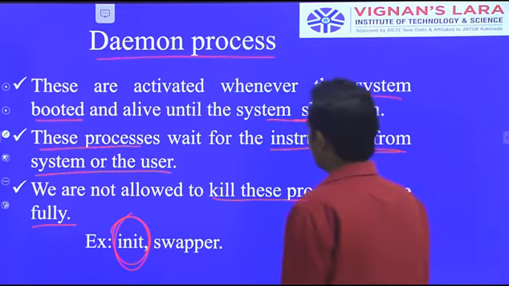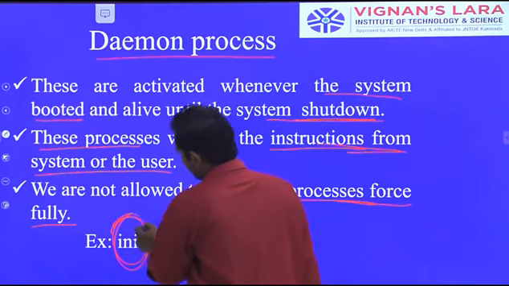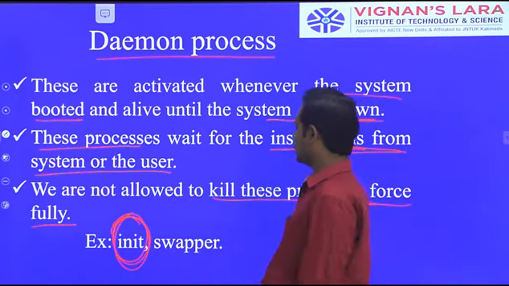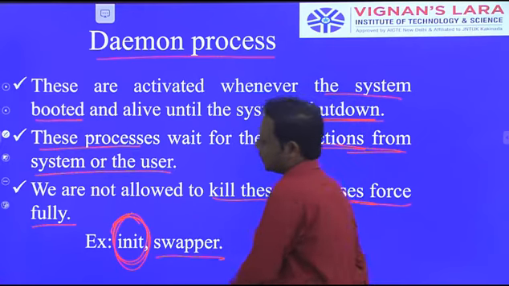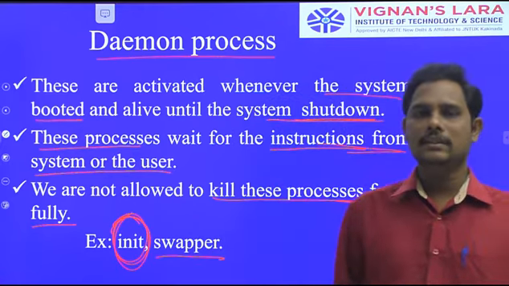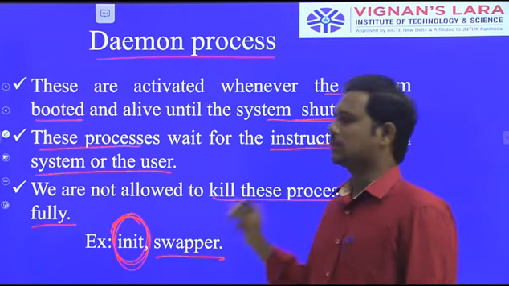That's why the init method is a daemon process. And also, as we saw in the last class, the swapper class is also called a daemon process. This is also one of the types of process, the daemon process.